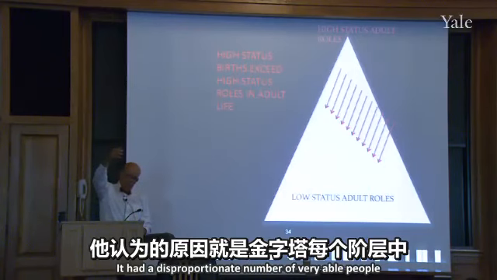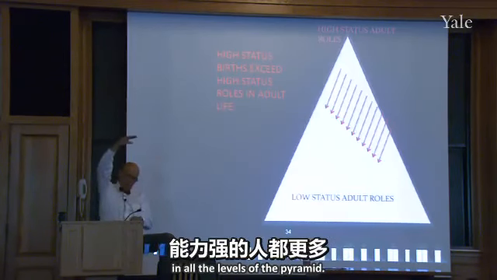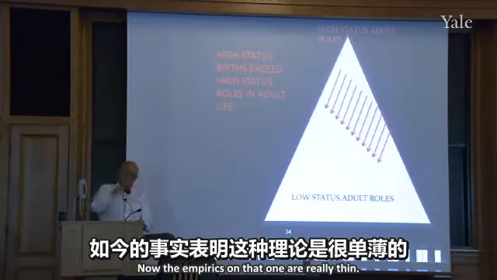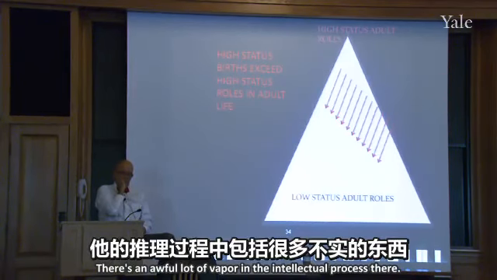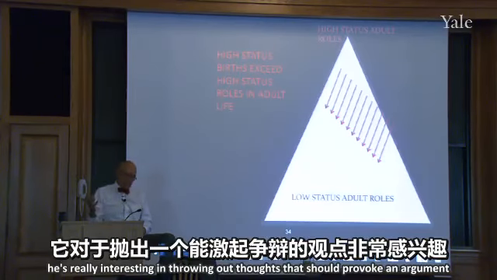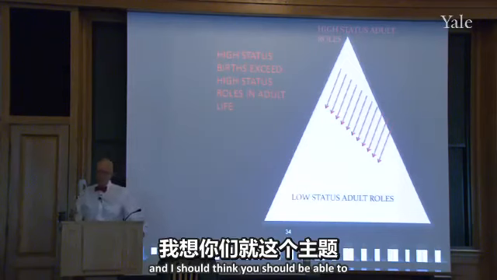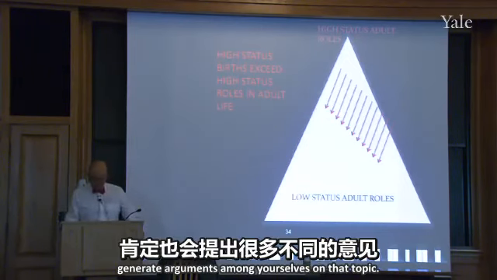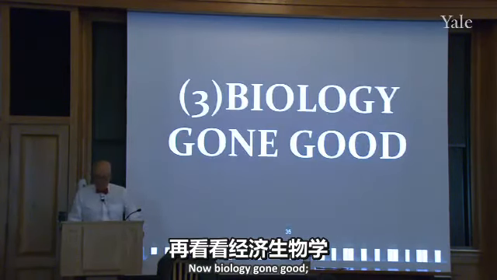It had a disproportionate number of very able people in all the levels of the pyramid. Now, the empirics on that one are really thin. There's an awful lot of vapor in the intellectual process there. And this is characteristic of Clark, he's really interesting in throwing out thoughts that should provoke an argument. And I should think you should be able to generate arguments among yourselves on that topic. Now, biology gone good.